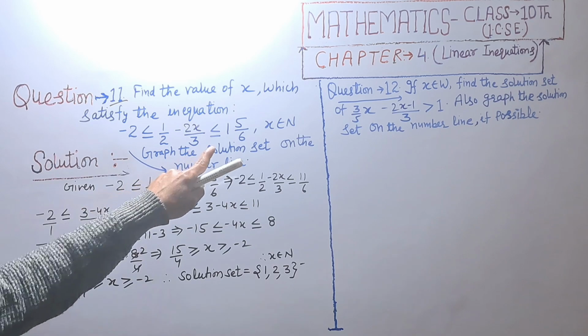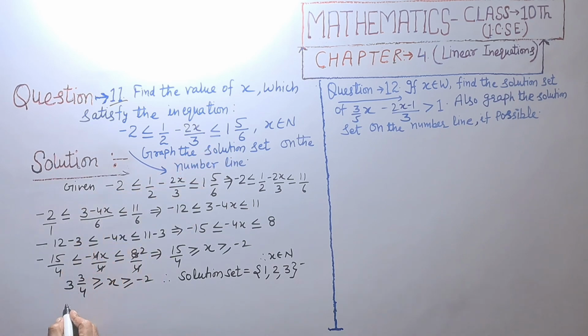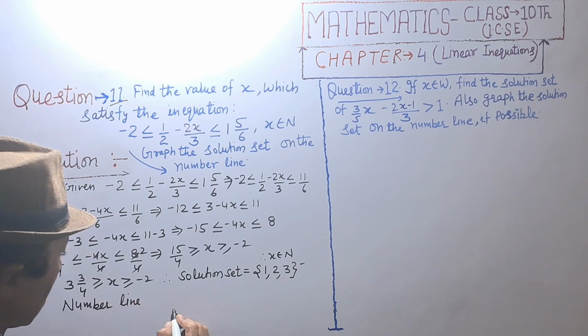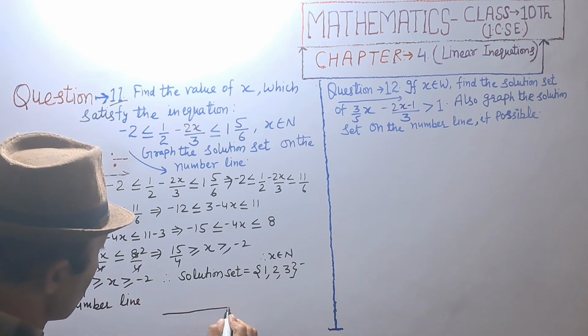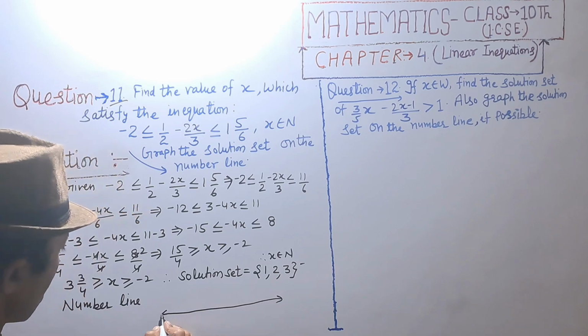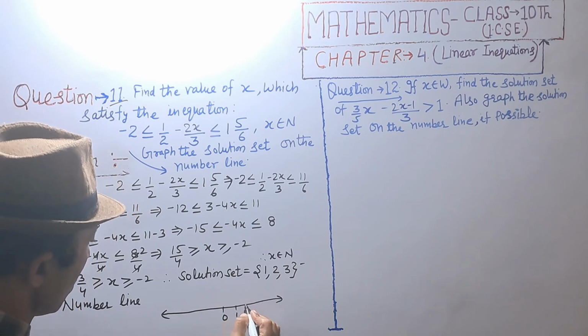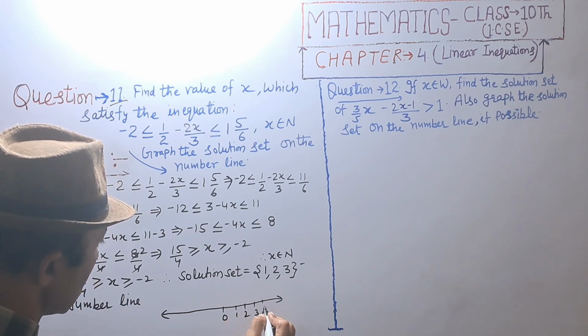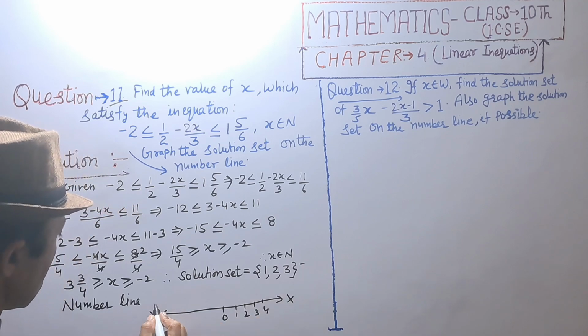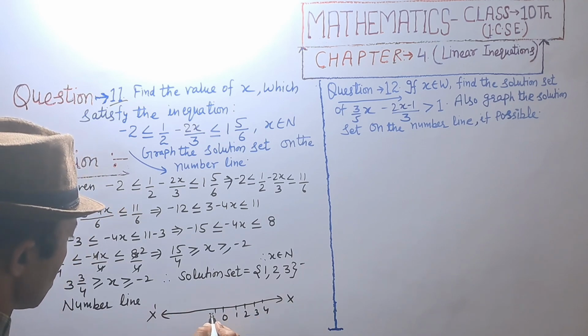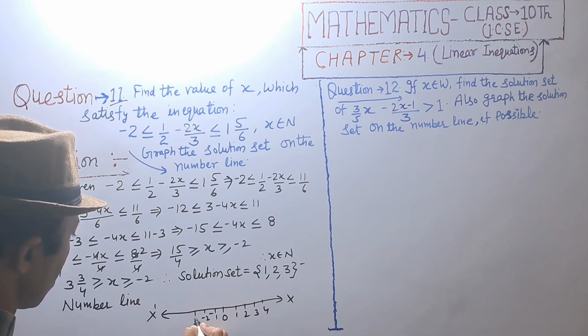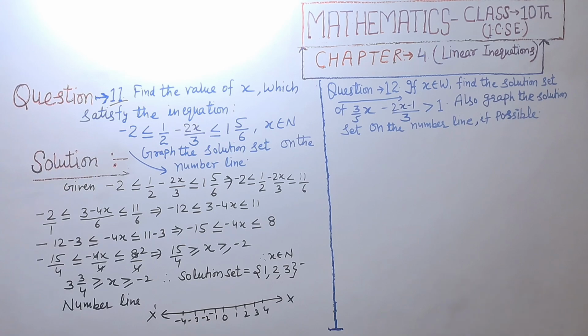Now graph the solution set on the number line. Number line: 0, 1, 2, 3, 4, and on the negative side X dash minus 1, minus 2, minus 3 and minus 4.